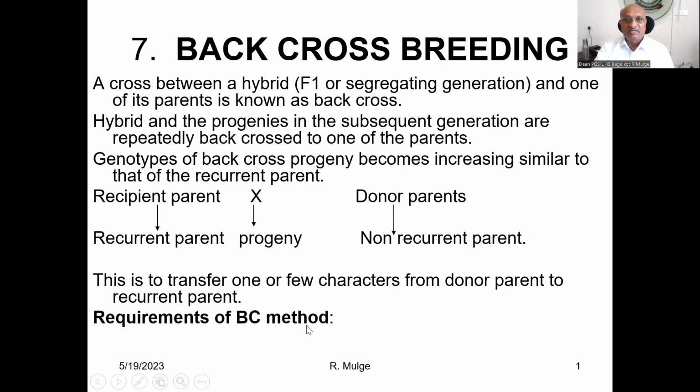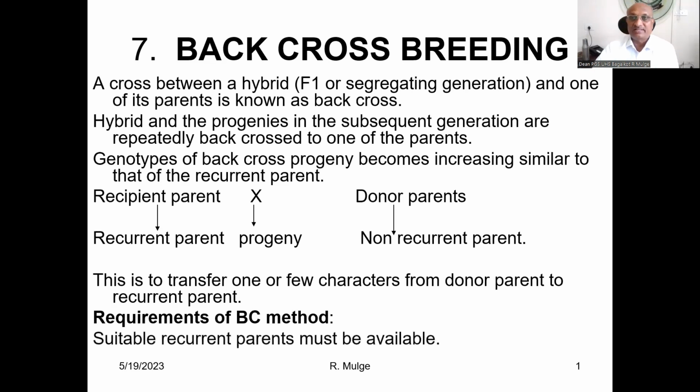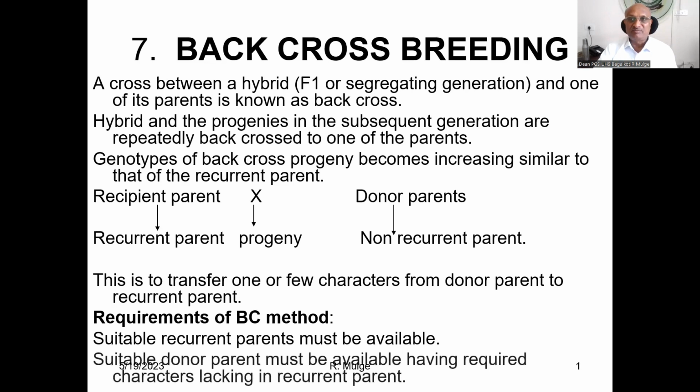The requirements for this backcross method are: a suitable recurrent parent should be available. You have to decide that the recurrent parent is quite suited, that means it's a standard, already existing popular variety. Then some characters, one or a few, are lacking in that recurrent parent. So that lacking character's gene should be there in a donor parent.